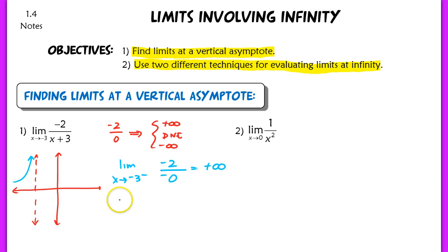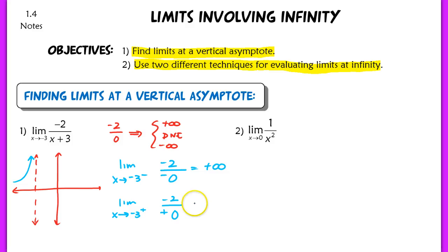Now, as x approaches -3 from the right, okay, we're looking to plug in values like -2.99999 into that function to see what's going on. So if we plug in something like -2.999, our numerator is going to be -2, but now our denominator is going to be slightly positive. Okay, it's a very small number that's going to be positive.